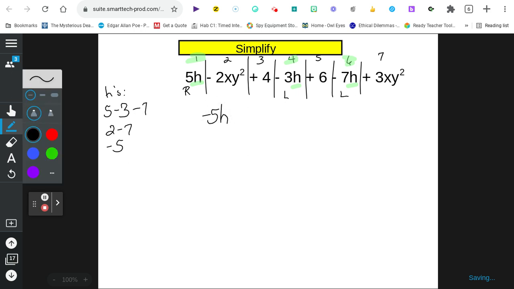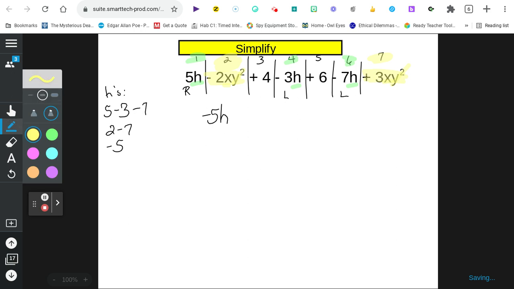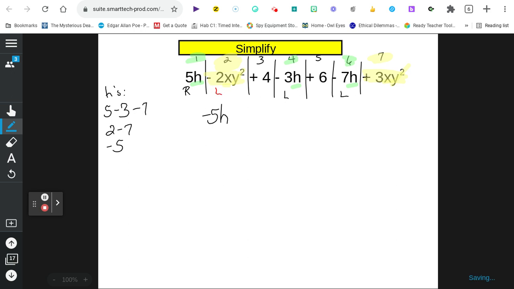All right, let's take a look at the x to the first, y to the second. x to the first, y to the second. So term 2 is going to match term 7. Now term 2 goes to the left, and term 7 will go to the right in terms of the coefficients. The coefficient for term 2 is -2, and term 7 is +3.